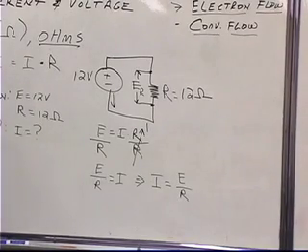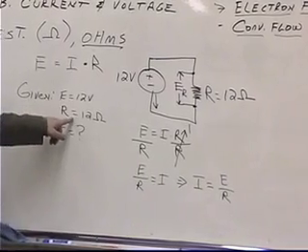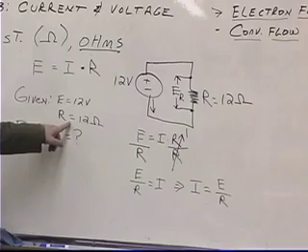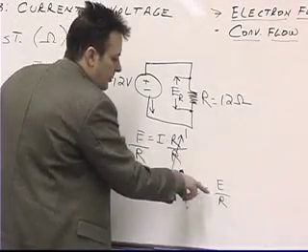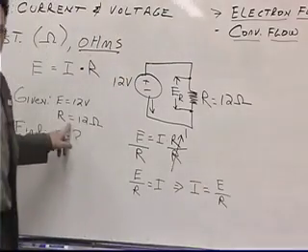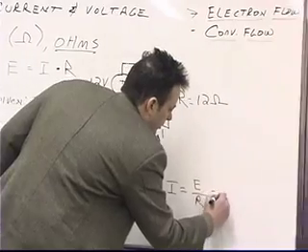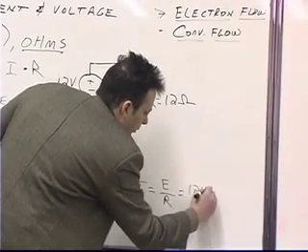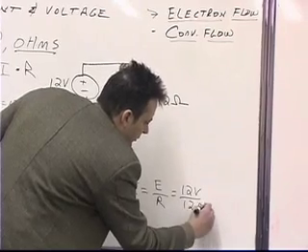Now, do we know the voltage? Yes, 12 volts. Do we know the resistance? Yes, 12 ohms. So all we do is plug those numbers into those variables like a light socket. So this is equal to 12 volts divided by 12 ohms.